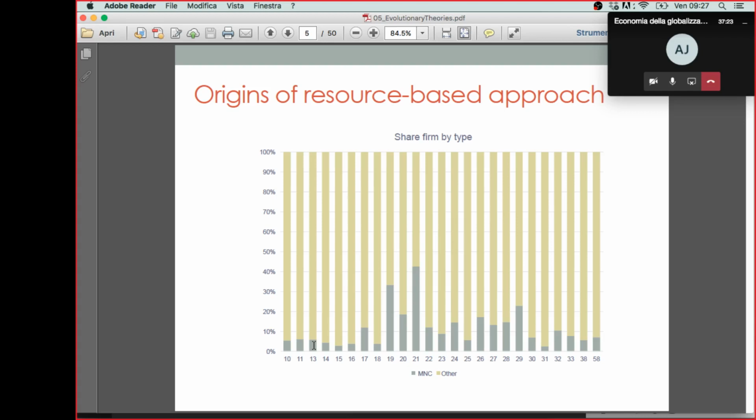Okay, so again, it is difficult to account for this heterogeneity in the distribution of multinational companies across sectors, or better, for the existence of multinational companies in nearly all sectors of the economy, on the basis of the transaction cost approach. So what you need is something more, and this comes from the resource-based approach.